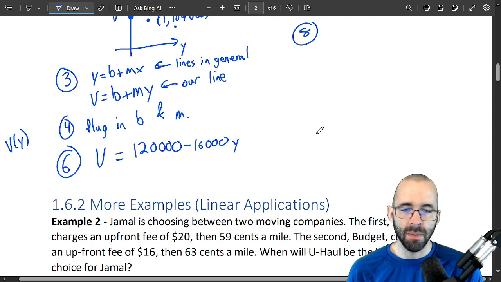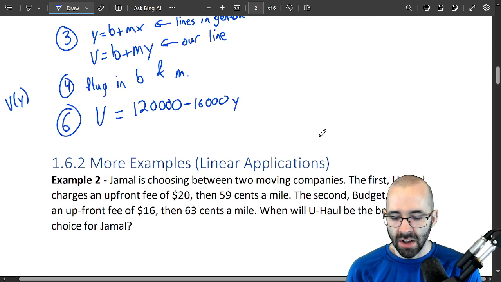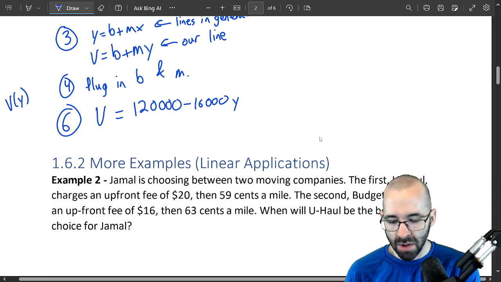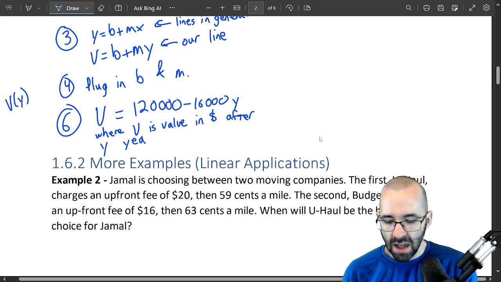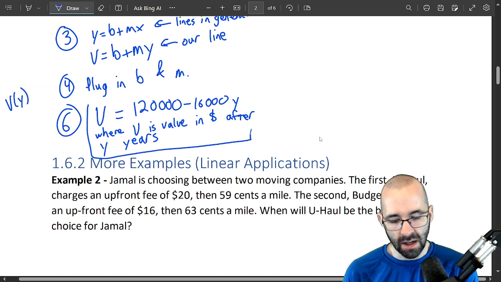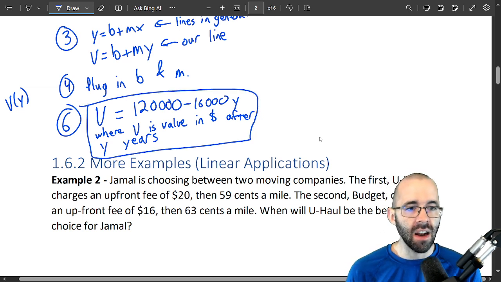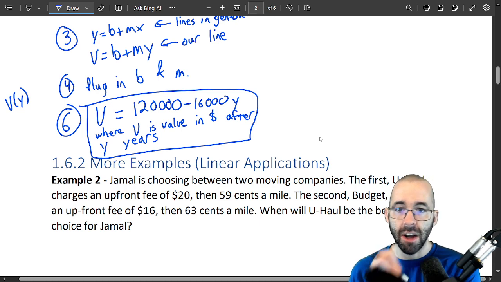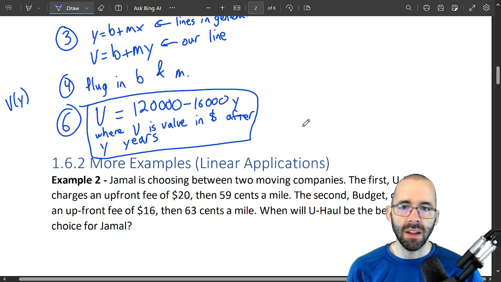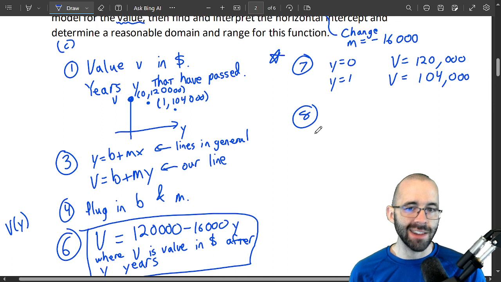But if you're really being very, very good, you could say this is the relationship where V is value in dollars after Y years. And that's a really good answer. It puts everything that the reader needs to know in one spot, instead of making them look around for what V and Y actually talk about.